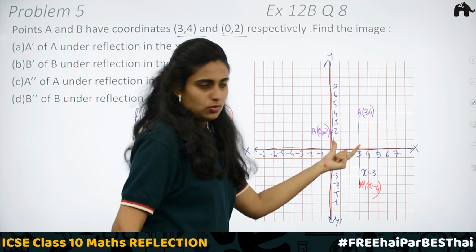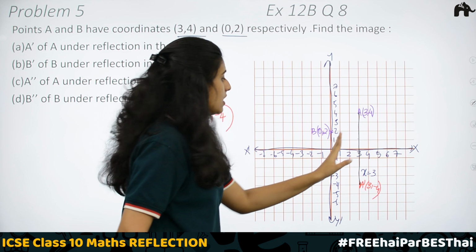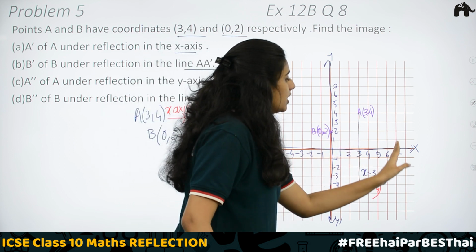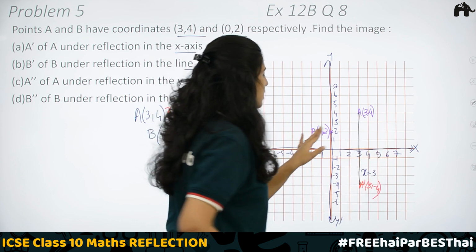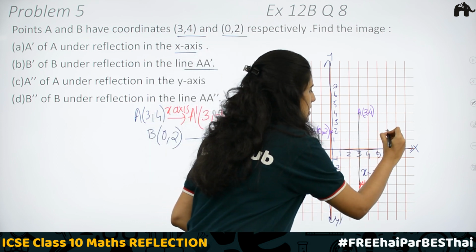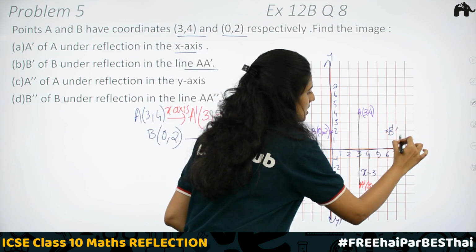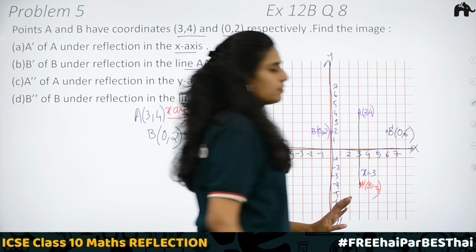We moved 3 units towards the right, moving 3 units towards the left. From this line, we reach 0. When you move 3 units towards the right, where do we reach? 4, 5, 6. And the y coordinate is 2. Therefore, this is the point B dash, 6, 2. Okay.